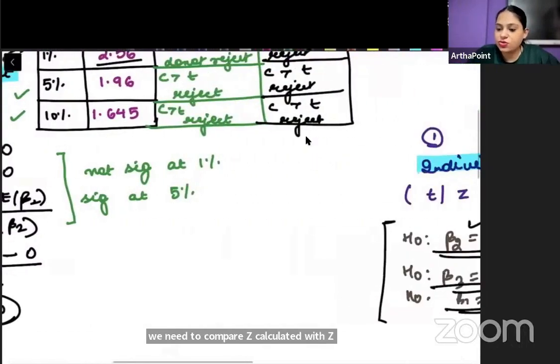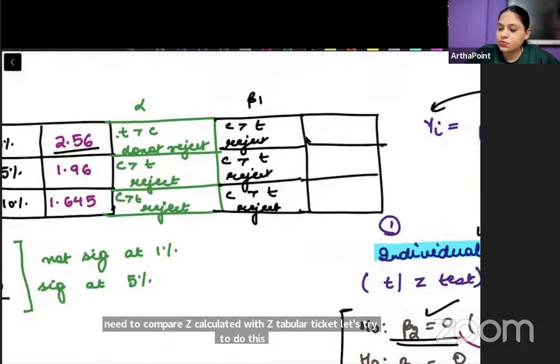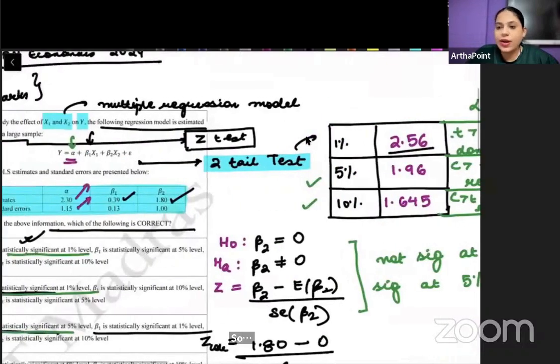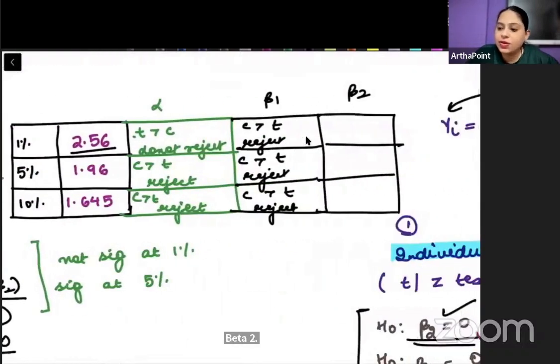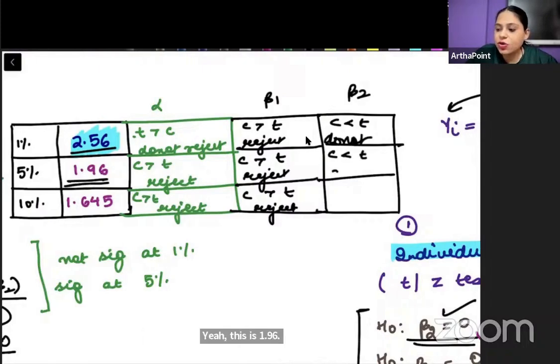Okay, let's try to do this. For beta 2, Z calculated is 1.80. So we compare 1.80 with 2.56. Calculated less than tabular, do not reject. Here this is 1.96. Calculated less than tabular, do not reject null.